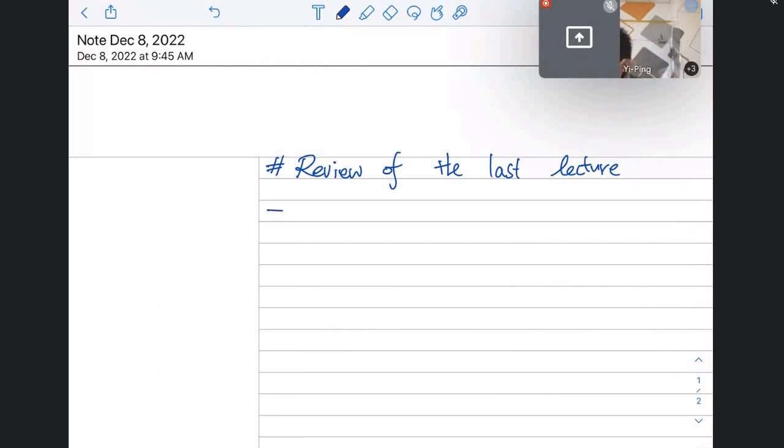In our last lecture, basically, we discussed the local RG flow near fixed points. The local RG flow is important because it basically controls the critical phenomena and the universality class concept.